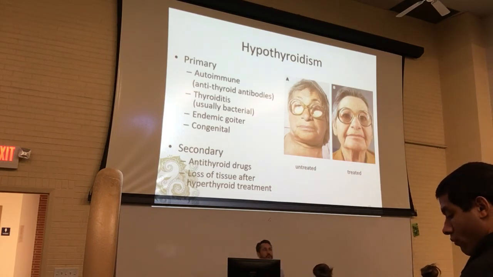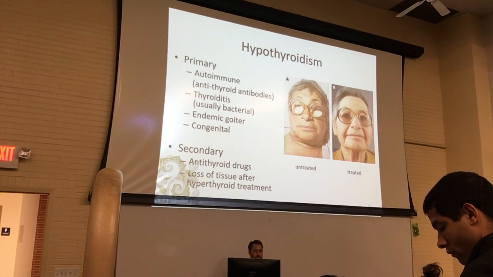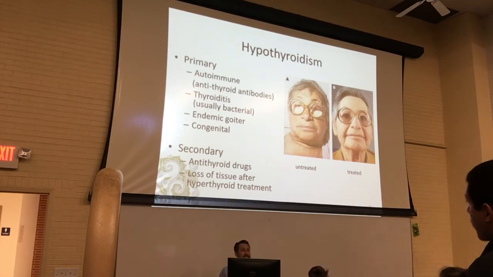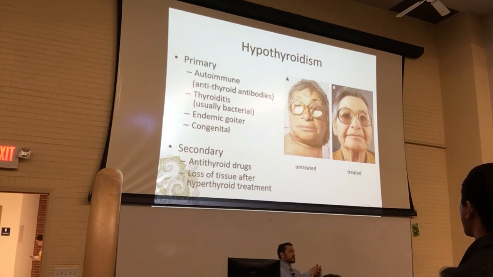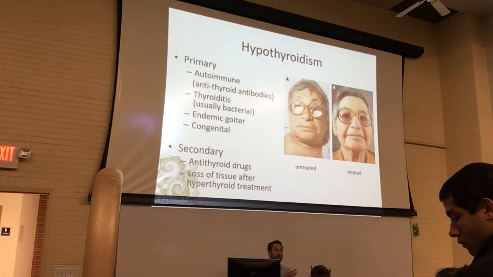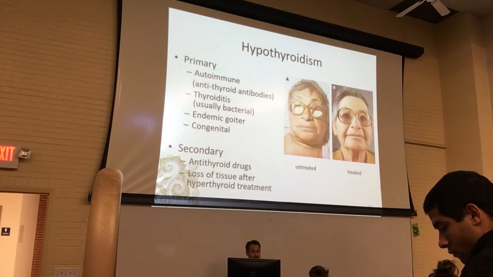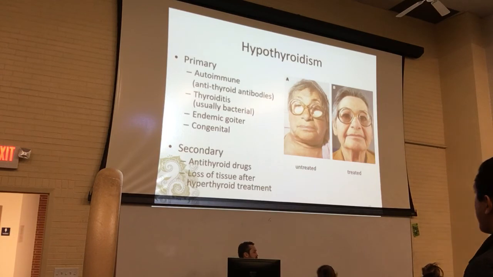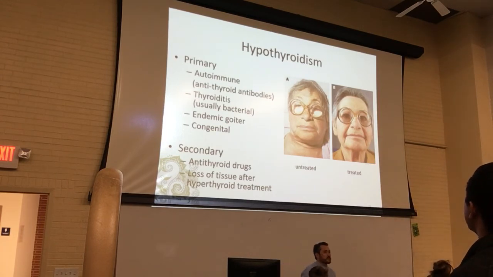thyroiditis. It's usually a bacterial contamination. Or there could be an endemic type of goiter where the tissue enlarges, but it doesn't enlarge to produce functional thyroid, like you see in an adenoma. You get the endemic goiter, which is usually closely associated with poorer countries.